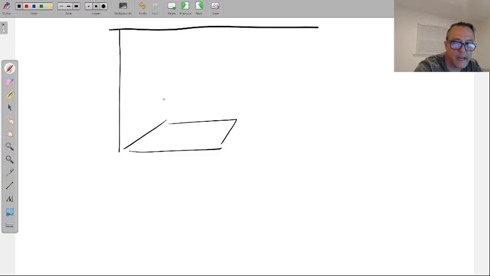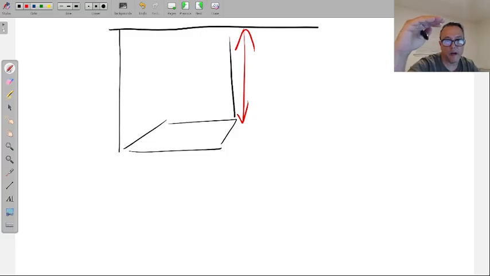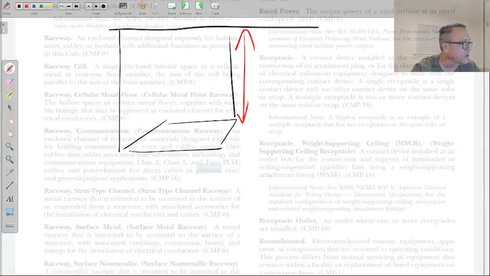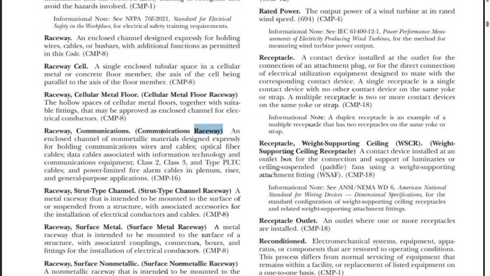Those ceiling tiles are hanging on these little wires that are holding up that whole ceiling grid. So when you pop this up, that area right here, between the drop ceiling and the actual concrete of the building, is called plenum. All right, and that area there is considered a raceway for communication cables.